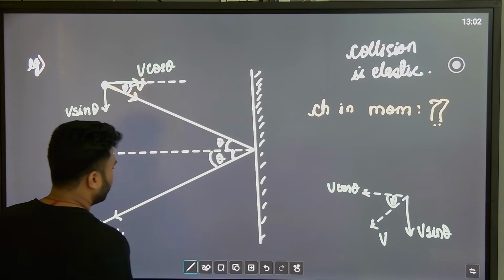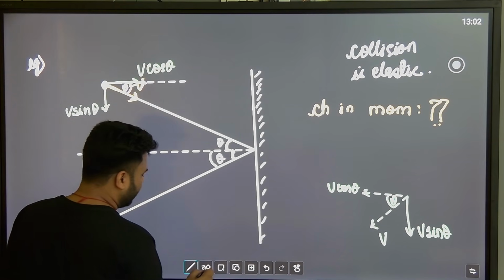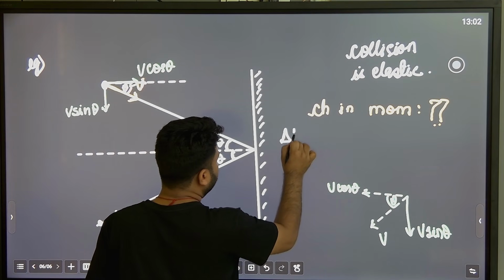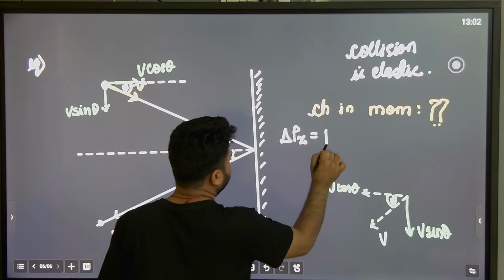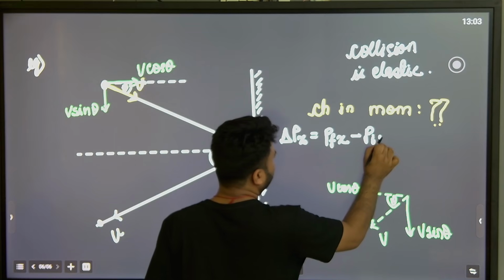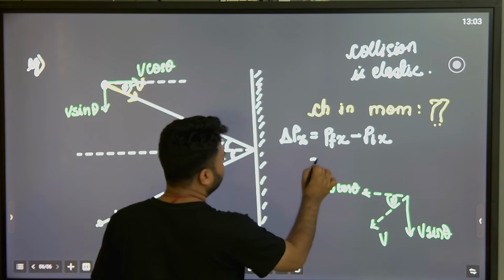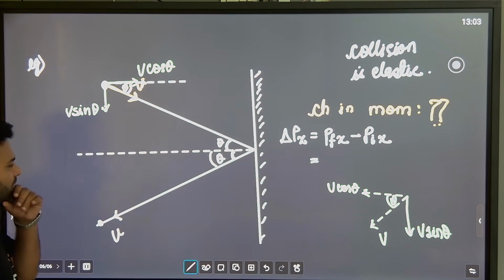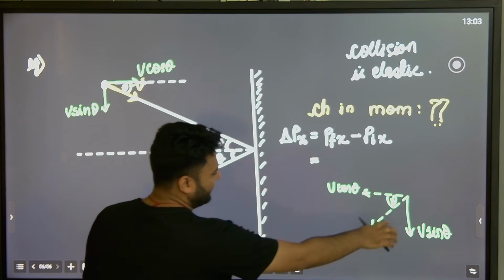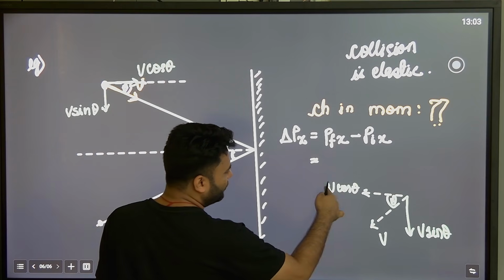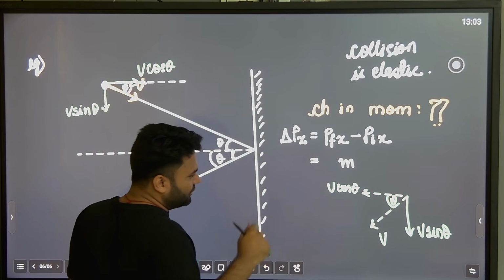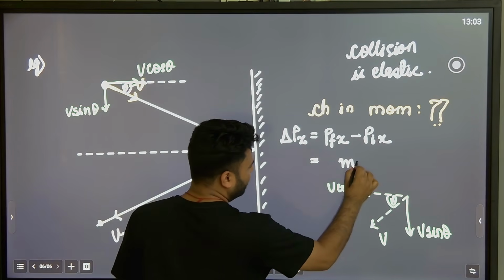So what is the change in momentum in the x direction? Delta p in the x direction means final momentum in the x direction minus initial momentum in the x direction. Final momentum in the x direction is mass times final velocity in the x direction, which is v cos theta.